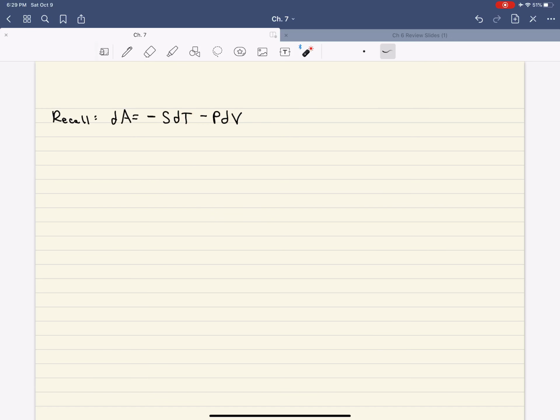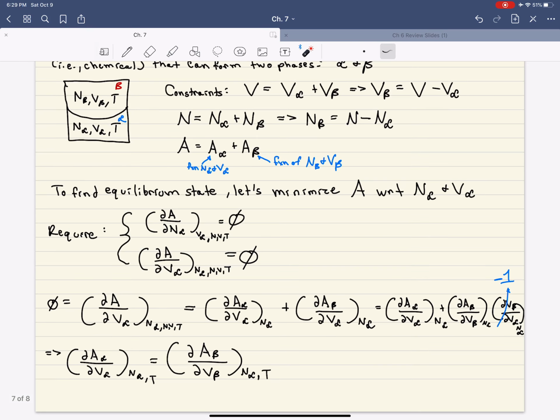And specifically, if you took the partial derivative of Helmholtz with respect to volume at constant T, what you would get is negative pressure, right? Based on this equation. And so what we have on the previous page is dA alpha over dV alpha is equal to dA beta over dV beta. And so these partial derivatives we have here are actually describing the negative pressures of the system.